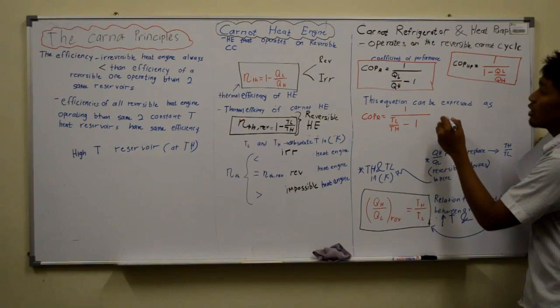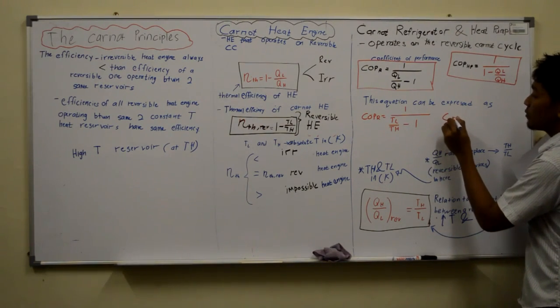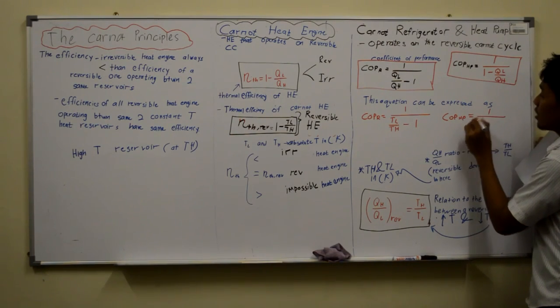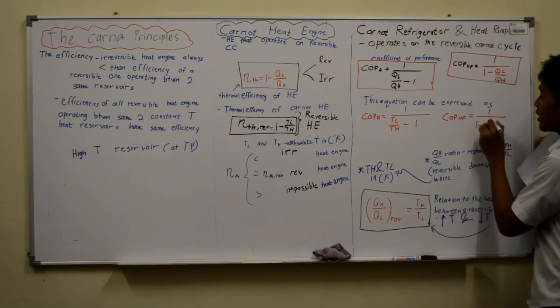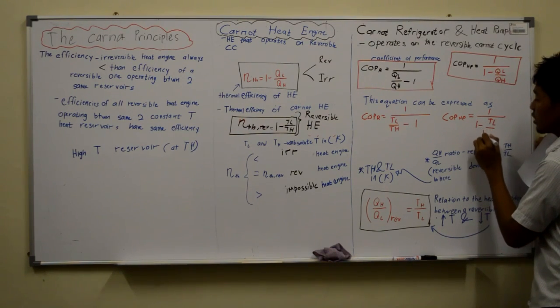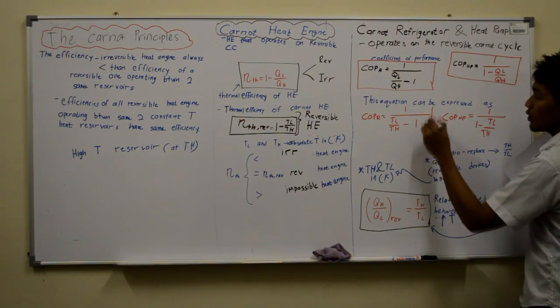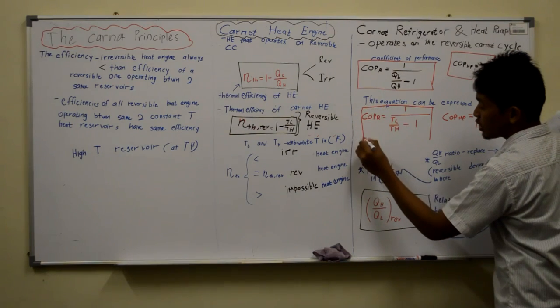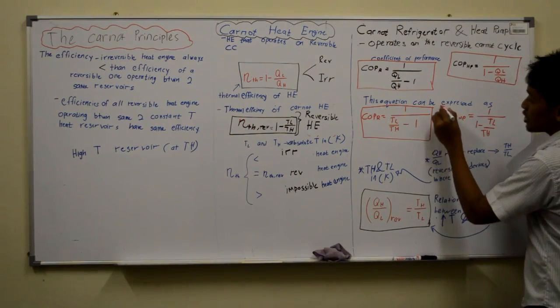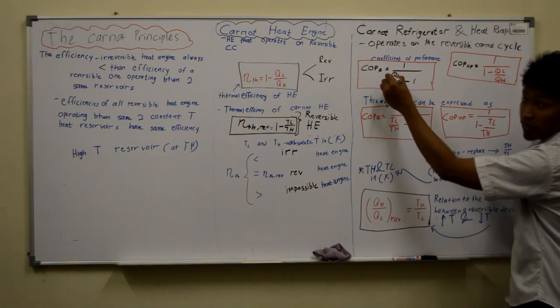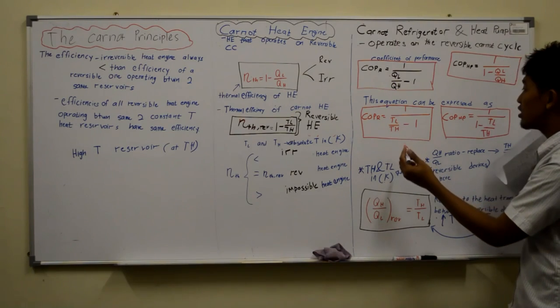While for the coefficient of performance for a heat pump, almost the same, but 1 over 1 minus TL over TH. If we look, this equation and the above equation are just the same; it is only different in that the symbol Q is for heat and T is for temperature.